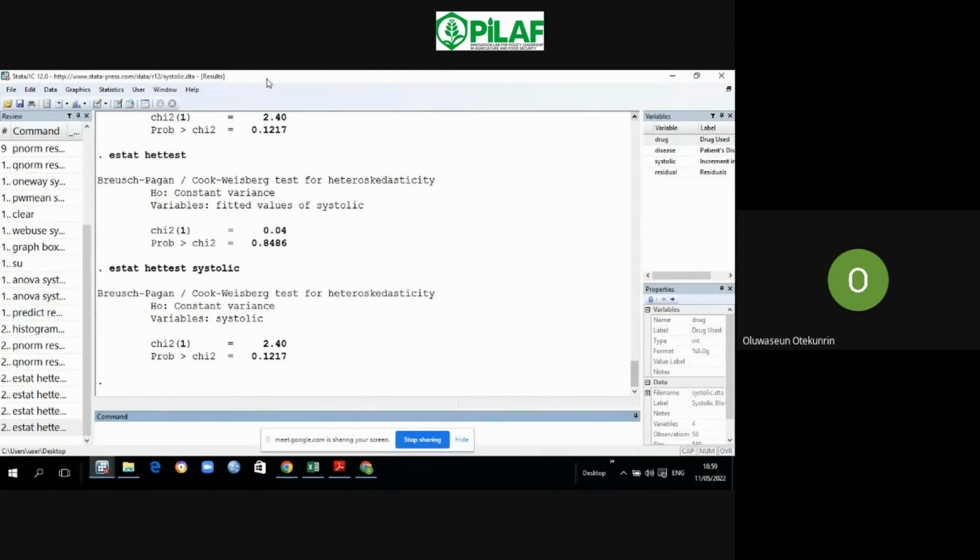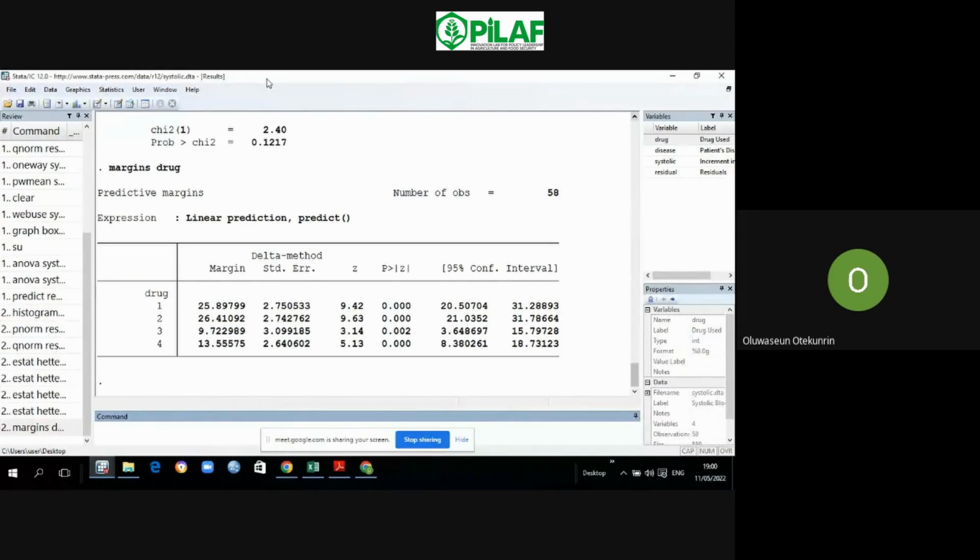We want to use the margins command to check what is actually happening. So we just type margins drug. We are choosing drug because it is the only significant one. We can test others too, just to see how the whole thing looks. Margins drug: drug 1, drug 2, drug 3, drug 4.